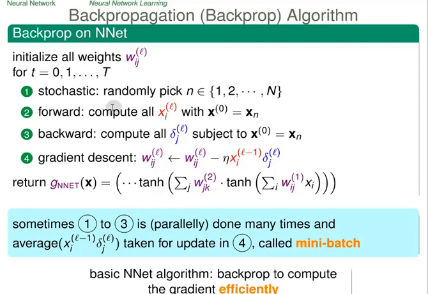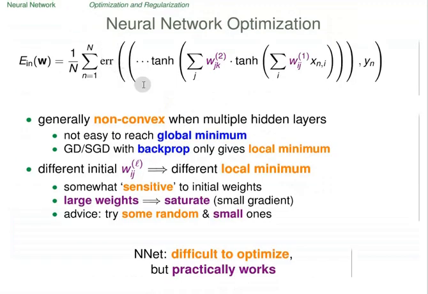In fact, the backpropagation algorithm is used in the training of modern deep neural network models and is considered a backbone of many complex deep neural network training. The optimization of a neural network model requires the minimization of a complex in-sample error function with a nested structure of nonlinear transformations, which happens at each layer.